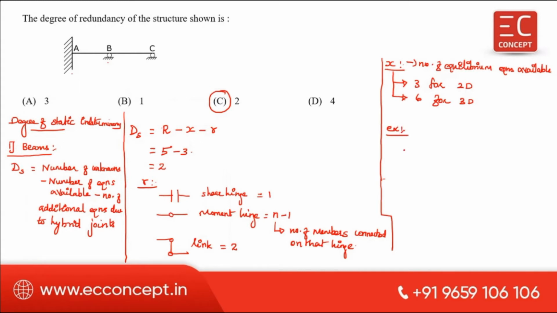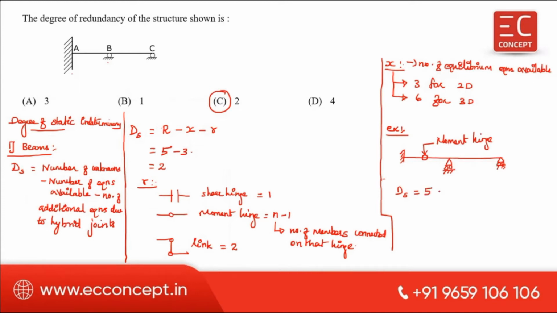Suppose you are having a beam. The same beam I am going to take. This is a roller support. This is also a roller support. There was a hinge. This is the moment hinge. Now the degree of static indeterminacy is equal to, here number of unknowns 3, here 1 is 4, here 1 is 5.